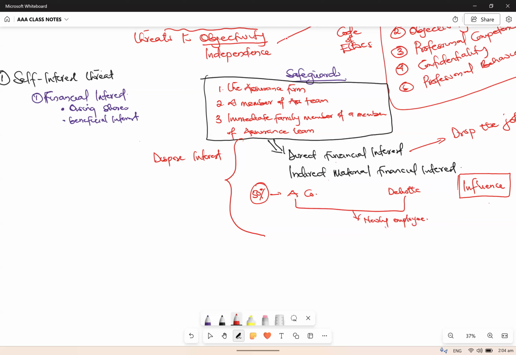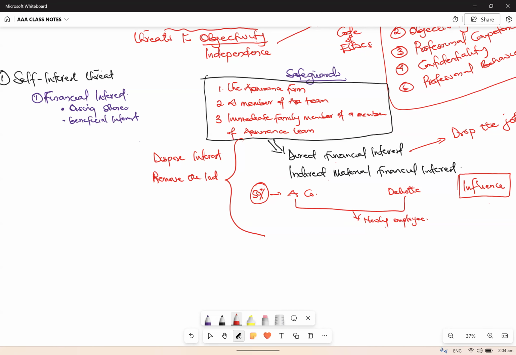Of course, you can do that, but whether the father will dispose or not is another matter. That doesn't end the only safeguard. So if it cannot be done, then you have to remove the person. Did you understand? I now understand. Remove the individual.